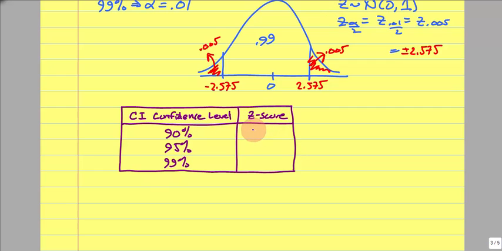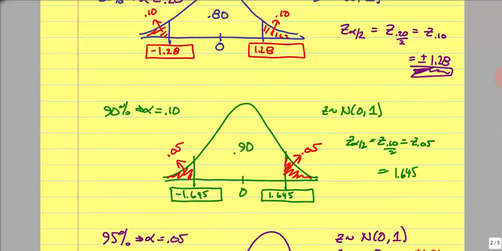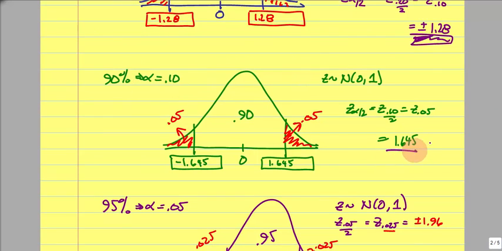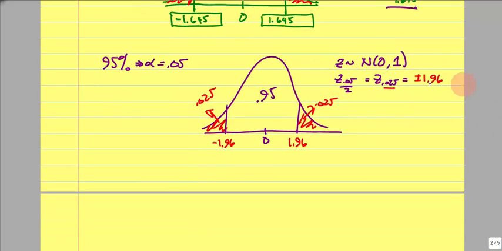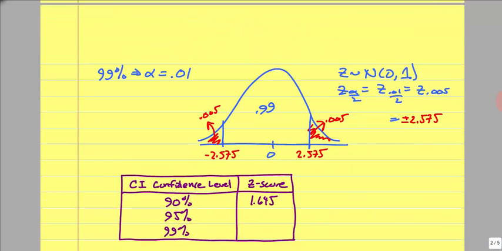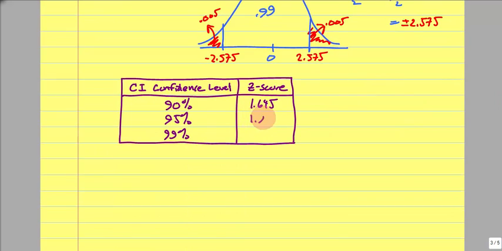So 90% was 1.645. 95% was 1.96. And then 99%, which was 2.575. And then all of these are plus or minus because I have a positive and negative value.